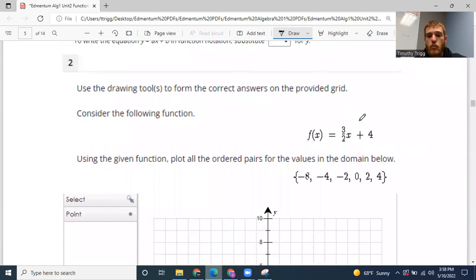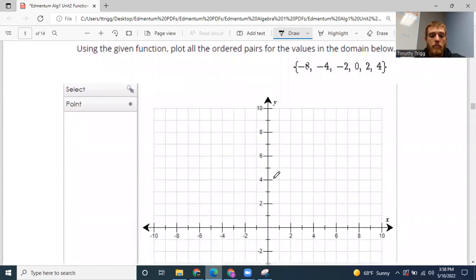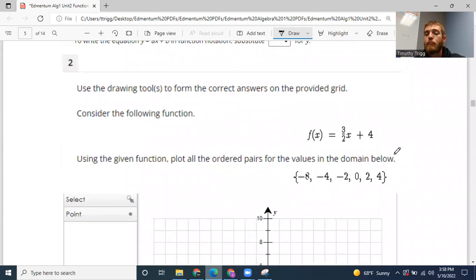Okay, this next one, we're going to go ahead and graph some points here. Using the given function, plot all the ordered pairs for the values of the domain below. So here we have to plot quite a few points. I'm going to help you by helping you plot just a couple of these points to get you started. So first, let's replace x with negative 8.